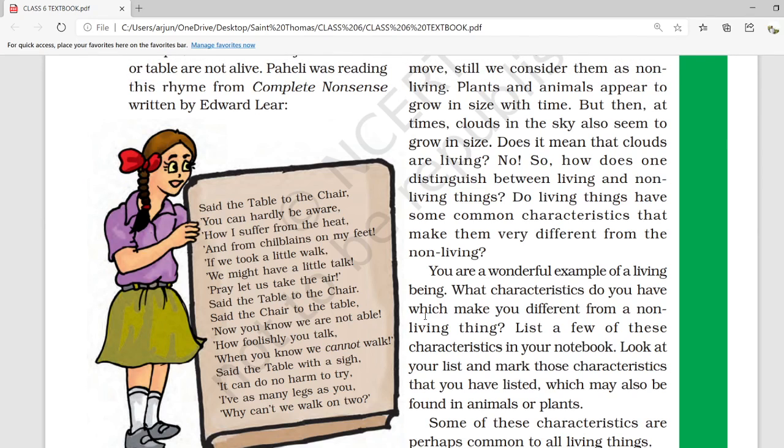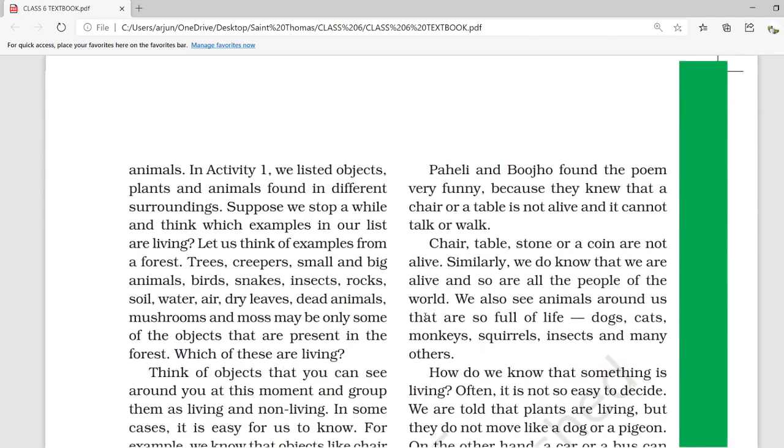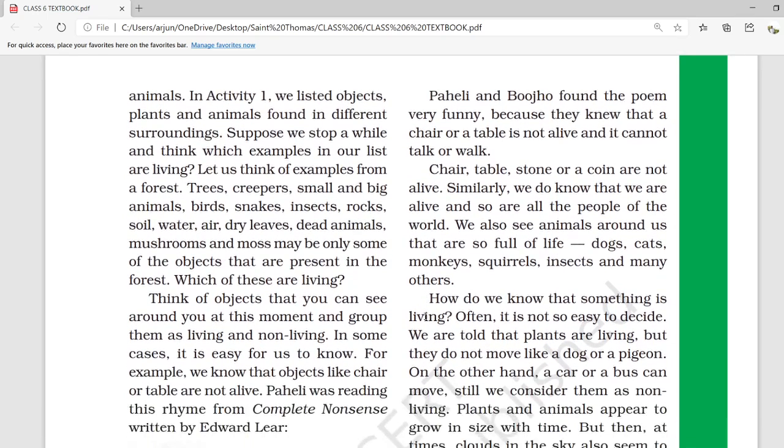Both table and chair are non-living things, but in this poem, the poet has written the conversation between table and chair. Okay, so it seems to be very funny, right? So Paheli and Boojho found the poem very funny because they knew that a chair or a table is not alive and it cannot talk or walk, right? Chair, table, stone, or a coin are not alive.